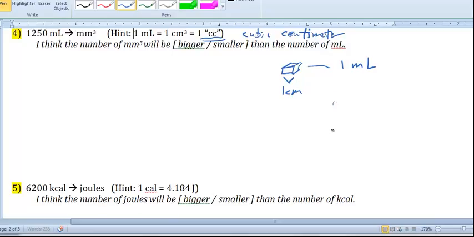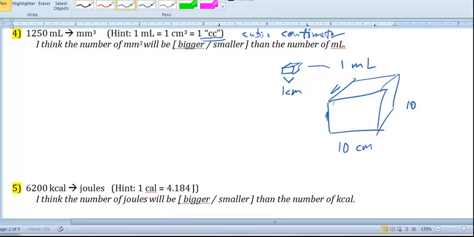Now, if you take a bigger cube, and let's say we make it 10 centimeters on a side, then the number of cubic centimeters would be 10 times 10 times 10, right?